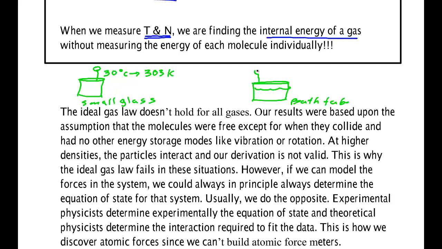And that bathtub happened to have a temperature, and it was 303 Kelvin. What we're saying is the energy per molecule is the same. The total energy, the total internal energy, is greater for the bathtub.